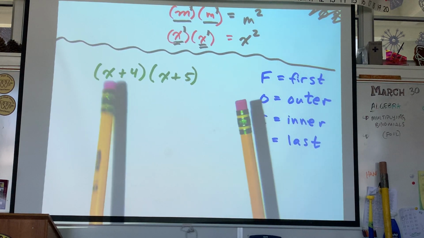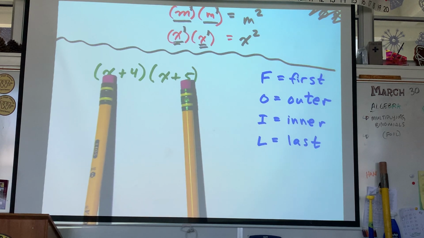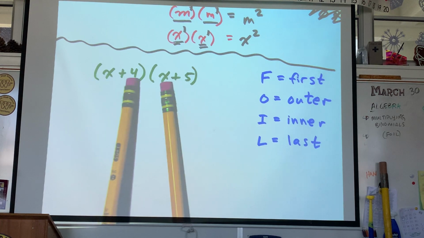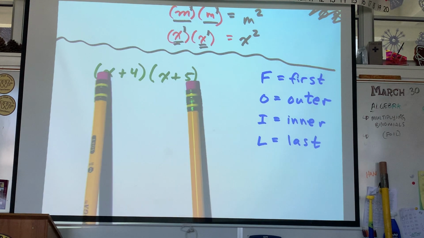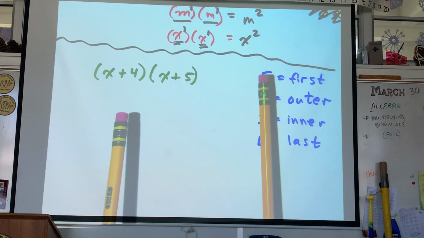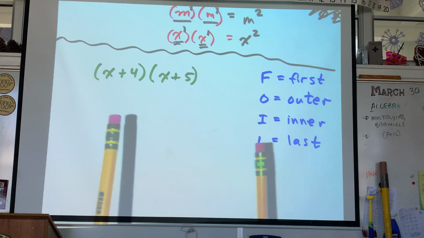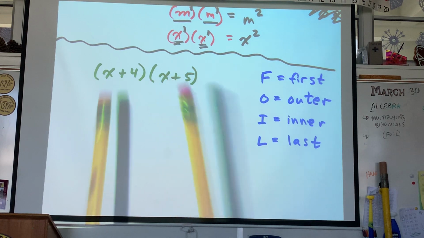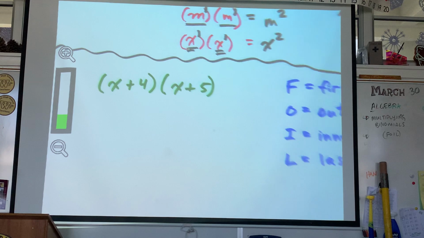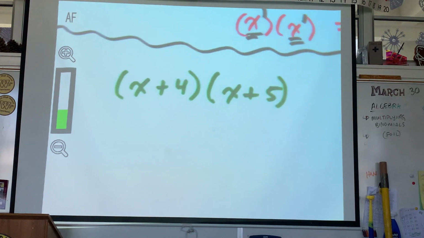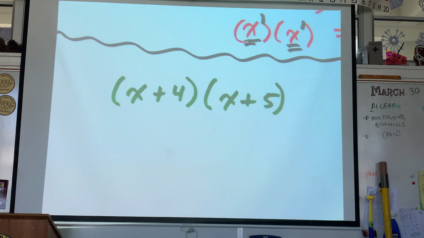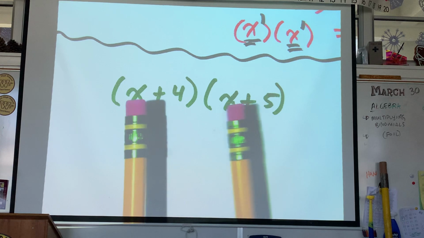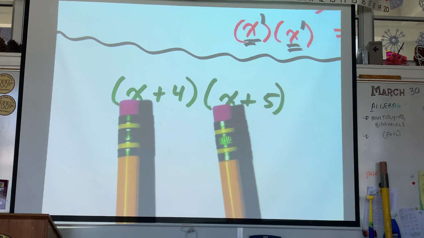Let's talk about outer and inner. Outer are the outsides. The inners are the insides. Outer, inner, outer, inner. Remember, this is the order we are going to multiply these once we learn first, outer, inner, last. Let's play windshield wipers. Here's how it goes. You are going to, either in your own head or out loud, tell me one by one what these are, okay?